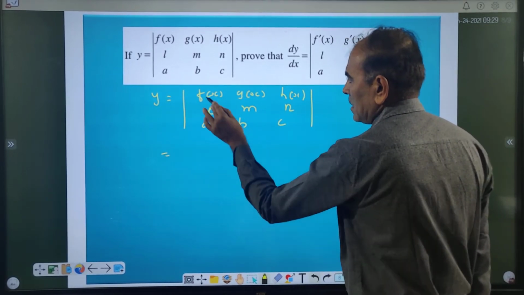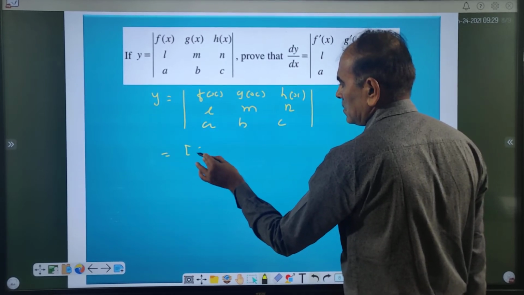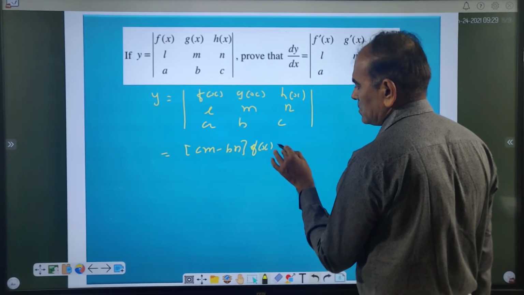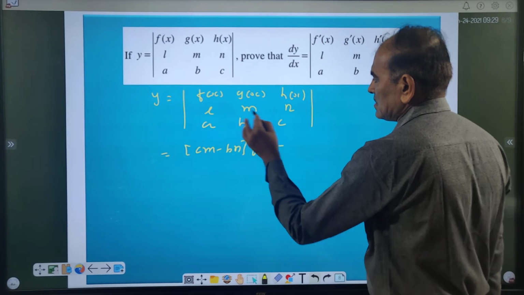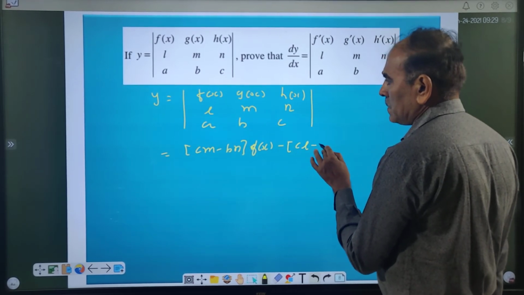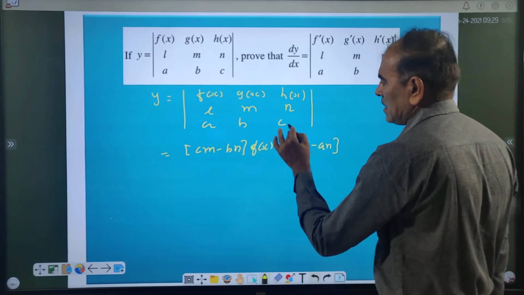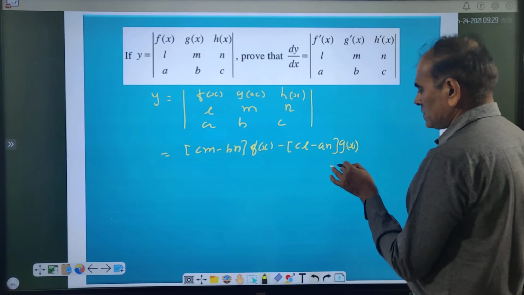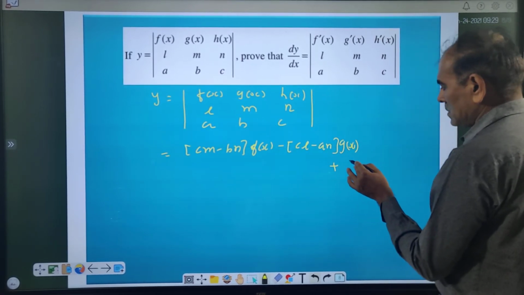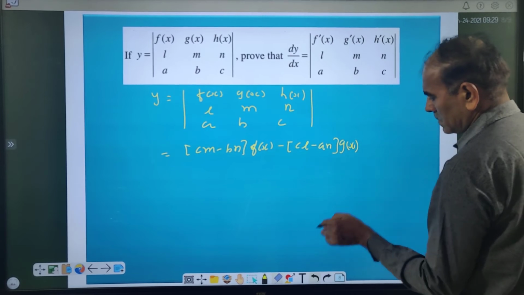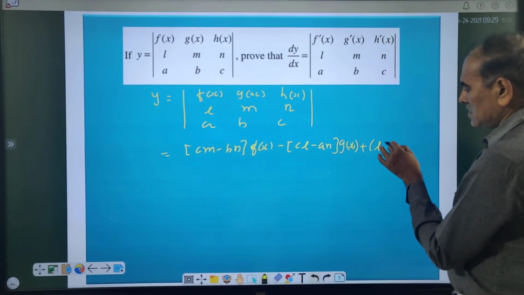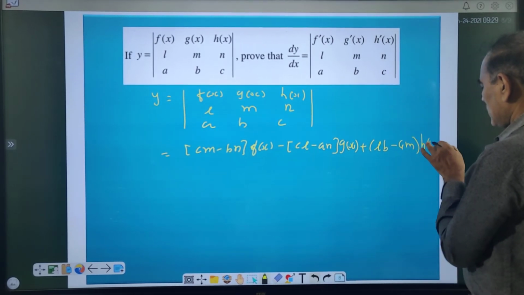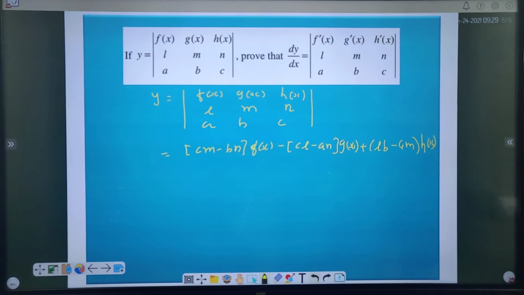What do we get? f(x) into (cm minus bn), minus sign, then (cl minus an) into g(x), plus (lb minus am) into h(x). This is our y.